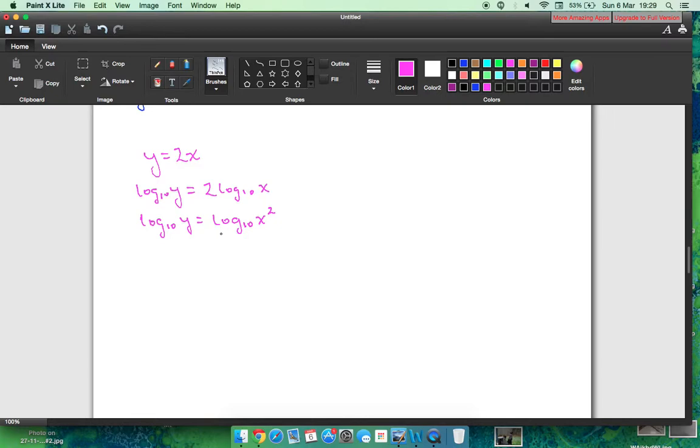Now I'm going to take this over to the left-hand side. Log to base 10 of y minus log to base 10 of x squared equals 0. Once again, using log definition, log to base 10 of y divided by x squared equals 0.